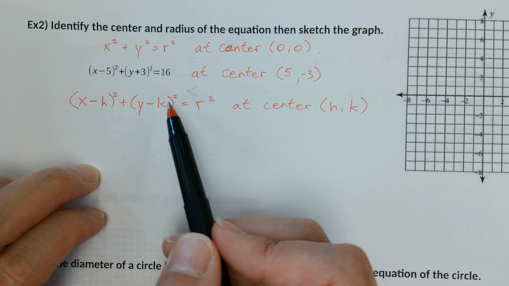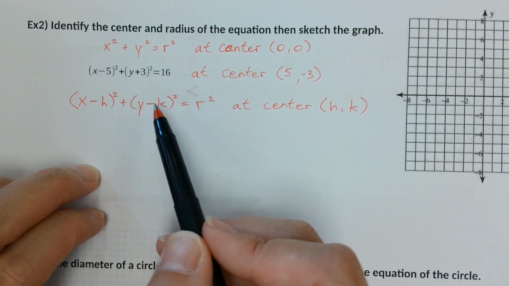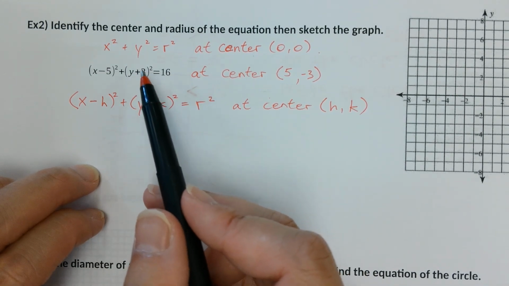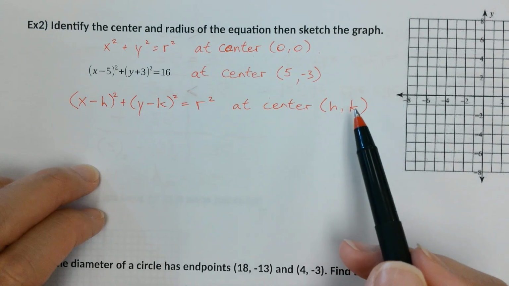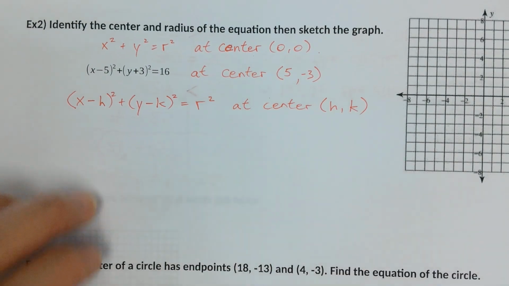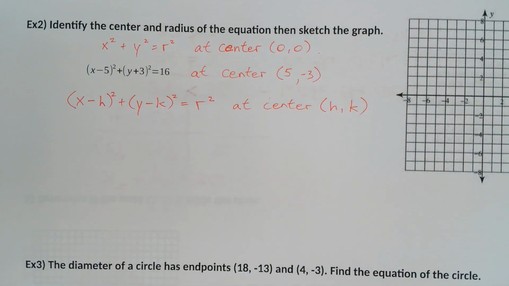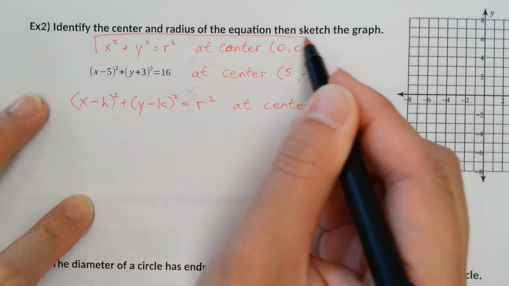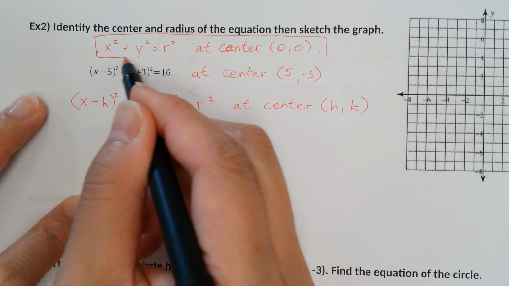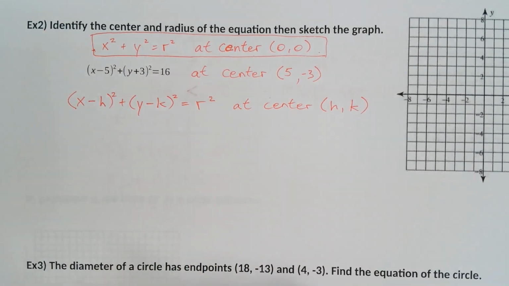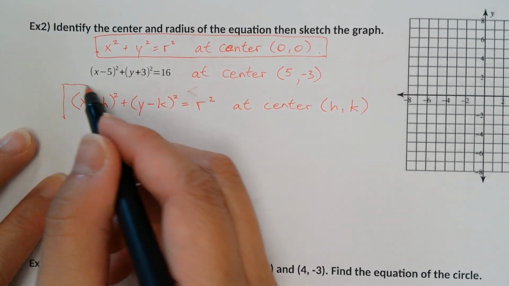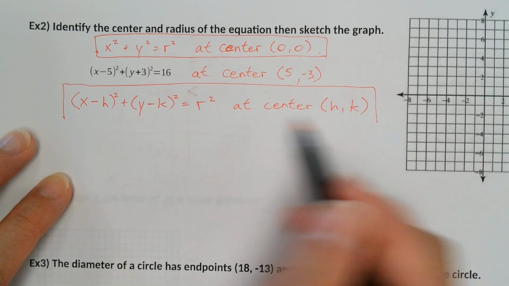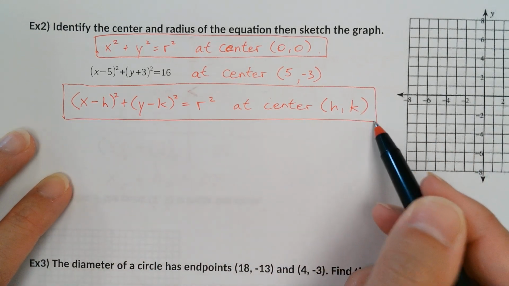And your k here, in order to make the equation from a negative to a positive, means the y value of your center is negative 3. Okay. So 2 formulas you have to memorize for this lesson: this one, when it's at 0, 0, and this one, when it's not at 0, 0.